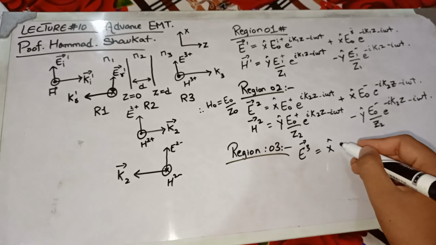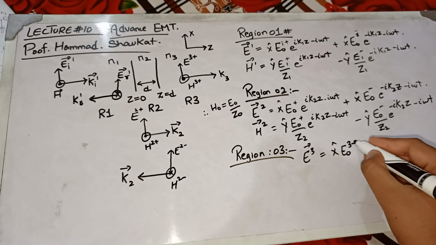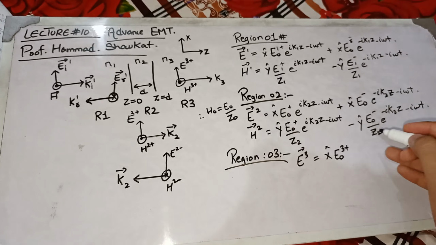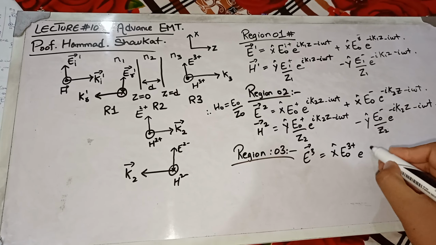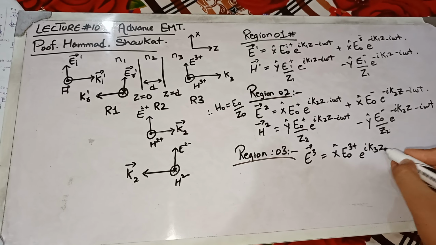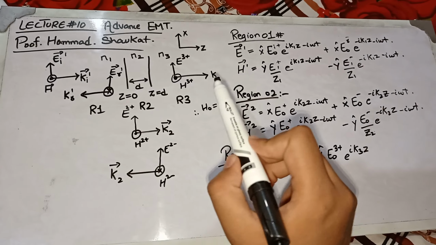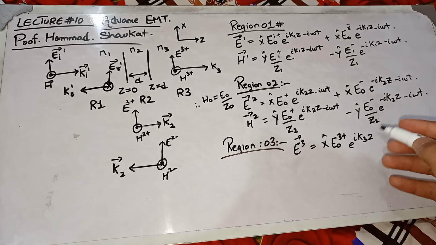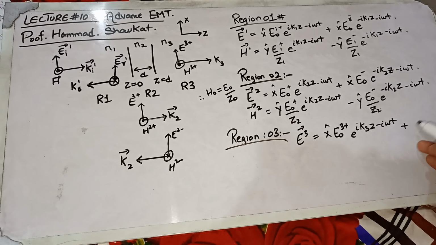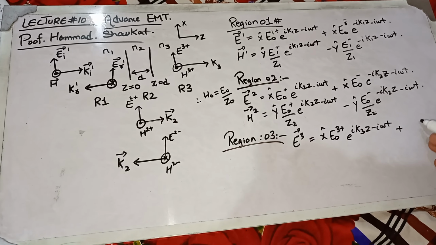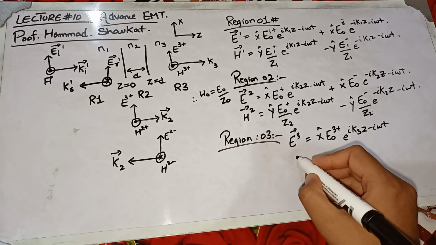Now the amplitude is E naught 3 plus y3, because you are in the third medium, and plus because this is the going wave. And e power iota k3z. Why k3? Because you are in the third medium, and the direction of k3 is along the direction of z, that's why positive, minus iota omega t as it is. Because there is no reverse back wave, there is 0, so this is the final result for the electric field in region 3.